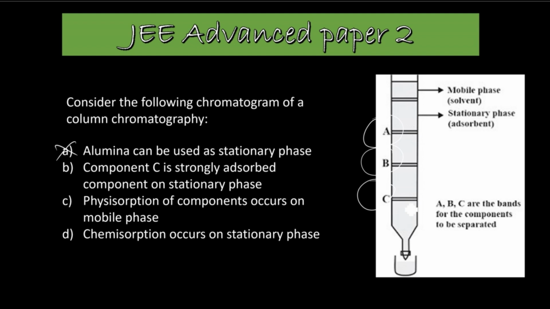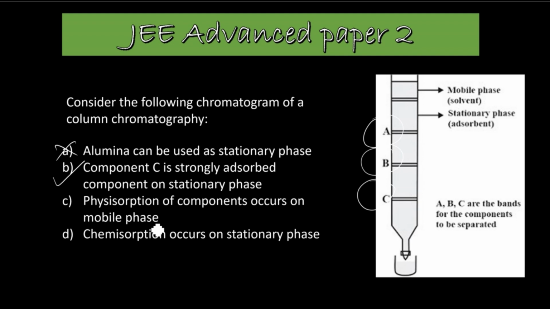The second option says component C is strongly adsorbed on the stationary phase, but C is at the bottom, so it is not strongly adsorbed; it is weakly adsorbed on the stationary phase. So this can be our answer.